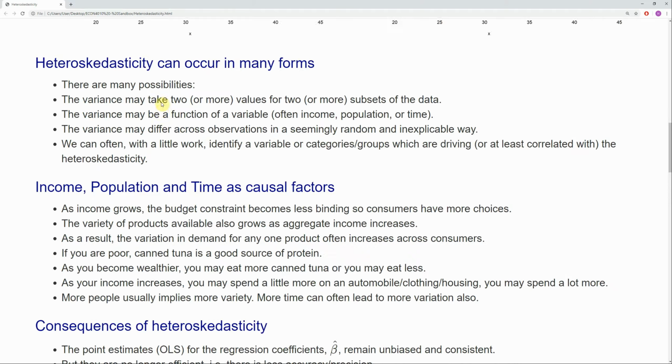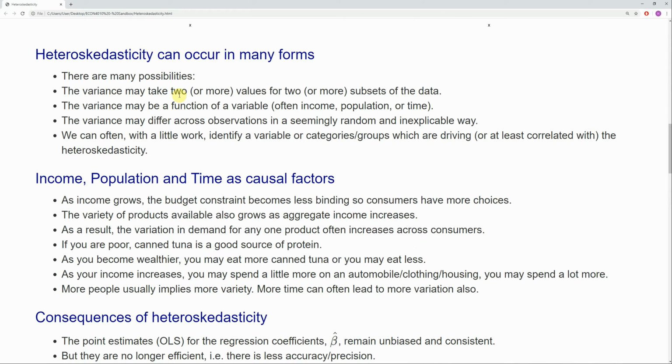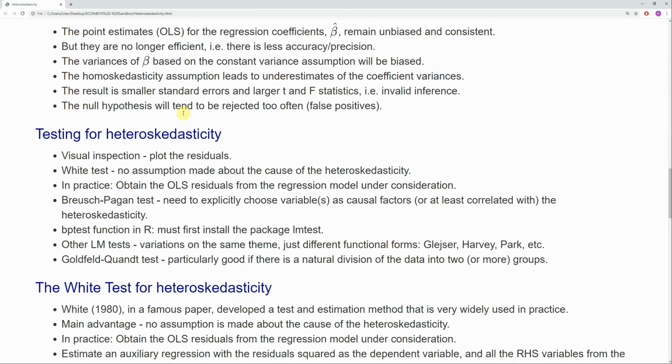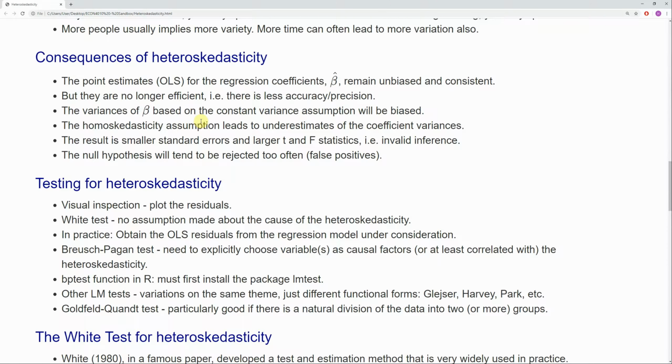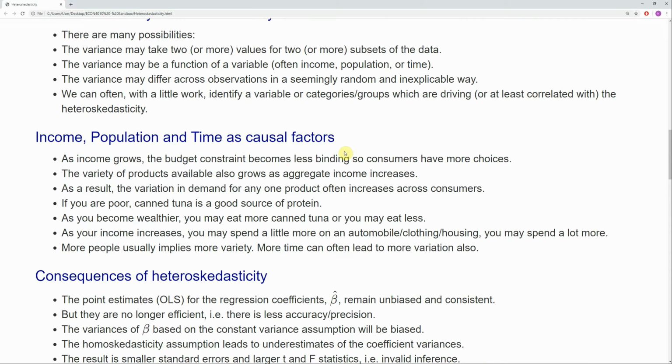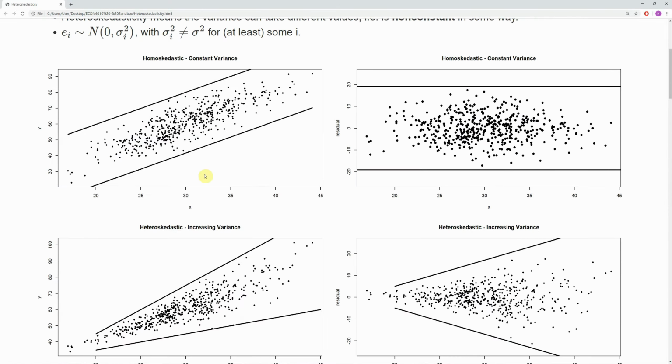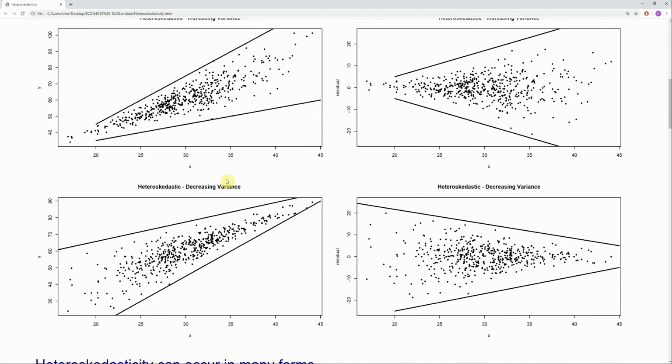And if we just neglect that we had a non-constant variance and we don't know that we have a case of heteroskedasticity, then the variances for our betas are biased, and that leads to underestimating the coefficient variances because we think the variances should be smaller, but they're actually larger.